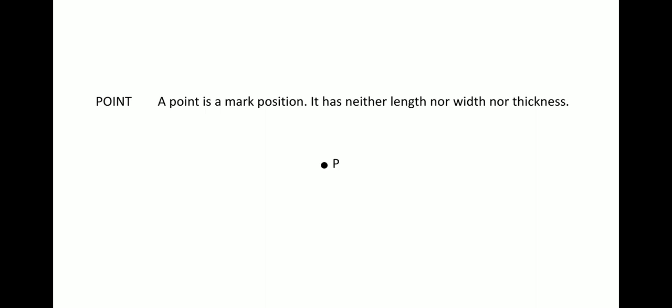So over here this P is a point, and a unique thing about this point is that an infinite number of lines can pass through the same point. So if there is a question how many lines can pass through a given point, then from a single given point there are an infinite number of lines which can pass through.